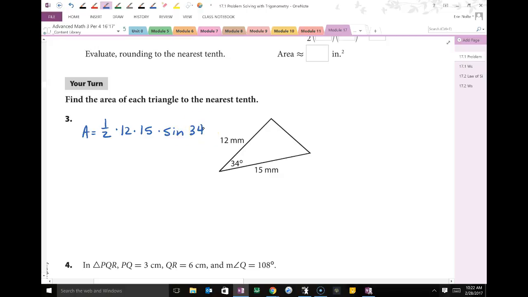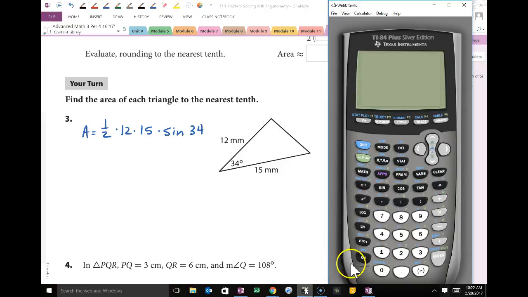All right, everybody grab your calculator. This is an important thing I have to show you too. Now we did just do this in the last class, so it shouldn't be too big of an issue. Okay, so you're going to type in 0.5 times 12 times 15.